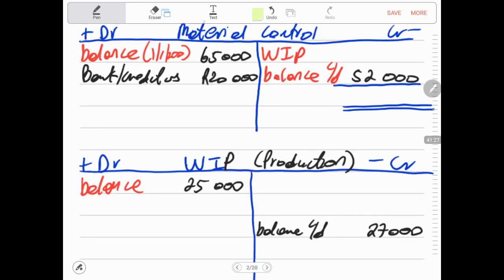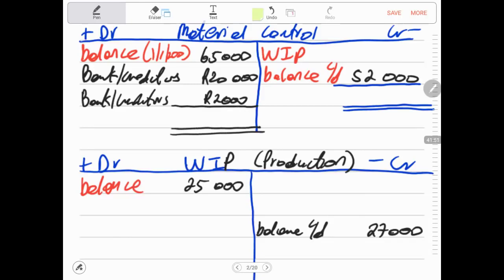Now we had freight on purchases. Freight on purchases could also be bought for cash or on credit. Then we have bank or creditors, which is for freight on purchases, and this was 2,000 rands. Now we have to say how much material was available to be issued into the production department.